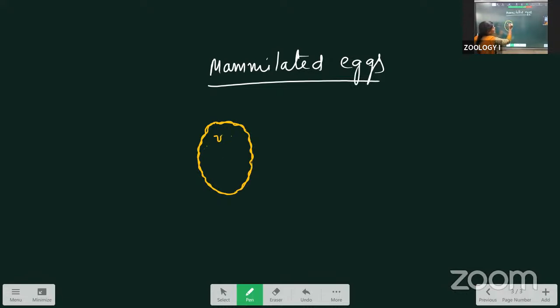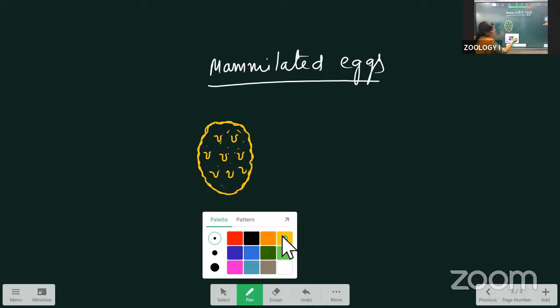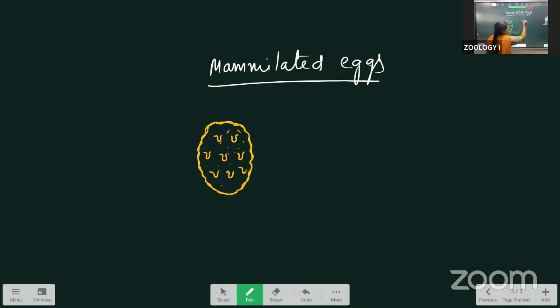The outer side of the mammillated egg looks like this, and the inner side is covered by 3 layers. 3 sheets are present. The outer is called the protein coat, followed by the chitinous shell and the lipid layer. Here, see. This is the outer protein coat.